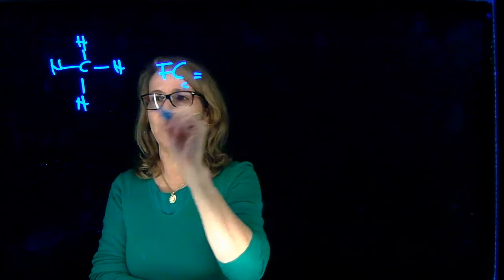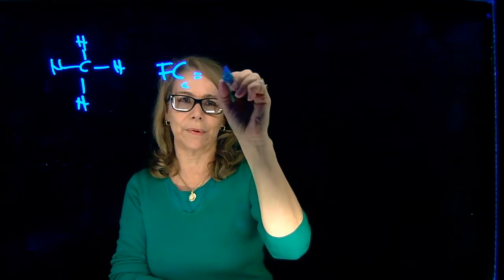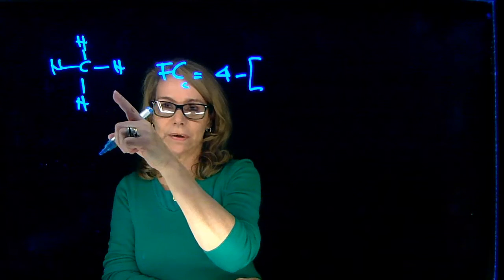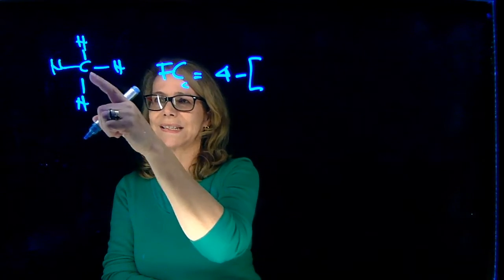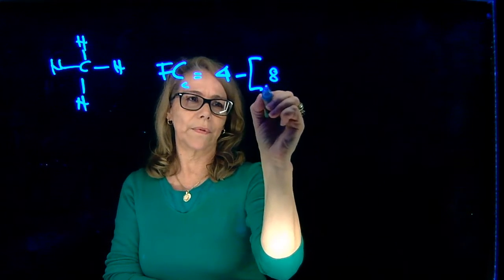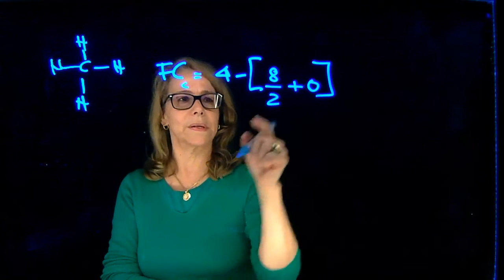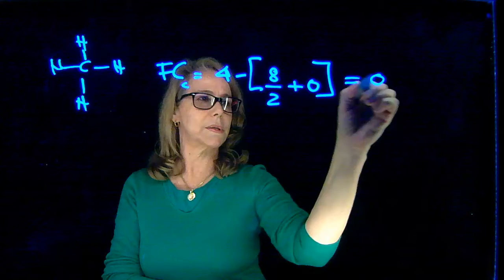We define formal charge of that carbon by the number of valence electrons, and we know the valence electrons for carbon is 4. Here we subtract the number of electrons that are being shared in bonds, so 2, 4, 6, 8, divided by 2, and here we have 0 lone pairs. So formal charge here is 4 minus 4, which is 0.